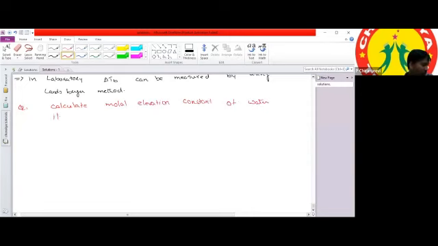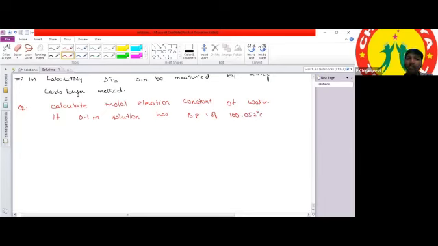If a 0.1 molality solution has the boiling point of 100.052 degrees centigrade.